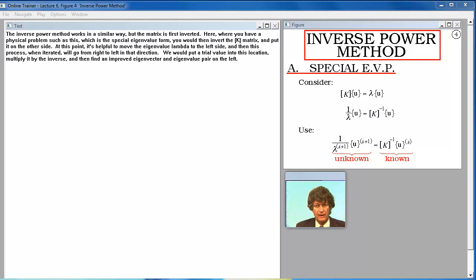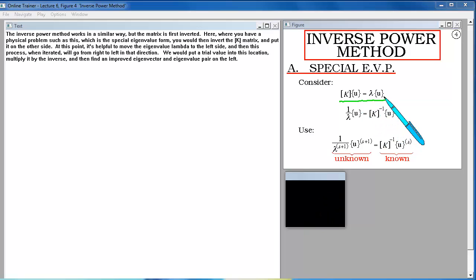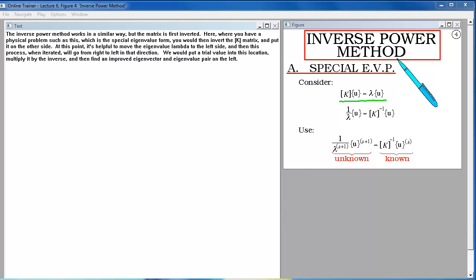The inverse power method works in a similar way, but the matrix is first inverted. Here, when you had a physical problem such as this, which is the special eigenvalue form, you would then invert the K matrix and put it on the other side.